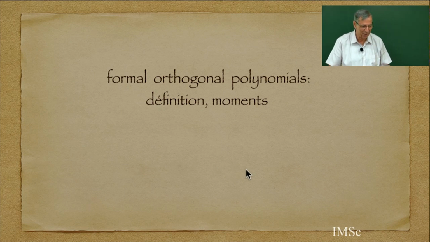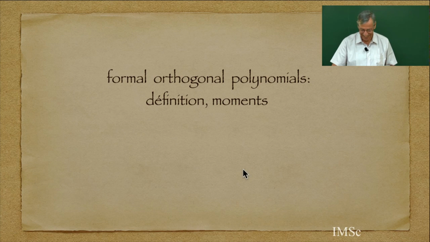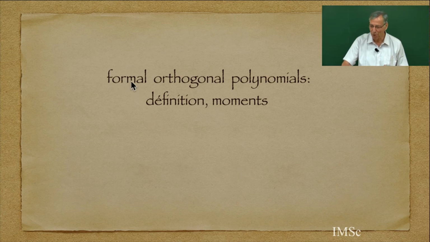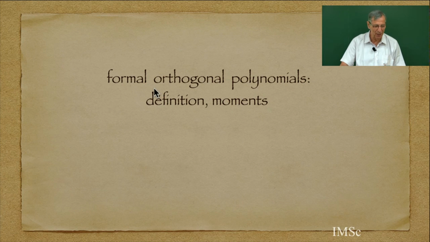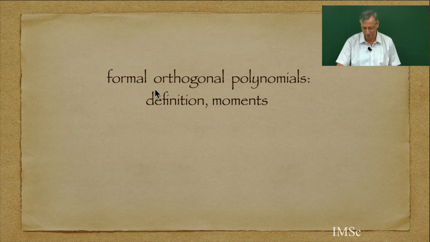So what is a sequence of orthogonal polynomials as we use in combinatorics? I will sometimes use formal orthogonal polynomials. So forget that they are not on real numbers. Forget the analysis. Everything is formal. At the end, of course, if you want to replace the variable by a real number or complex number, you can.